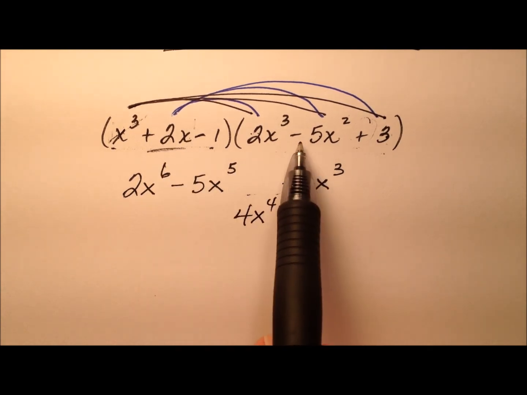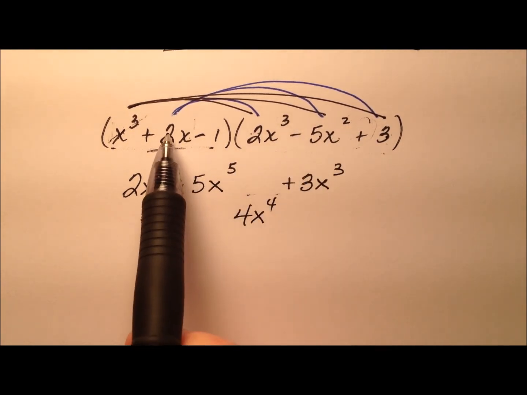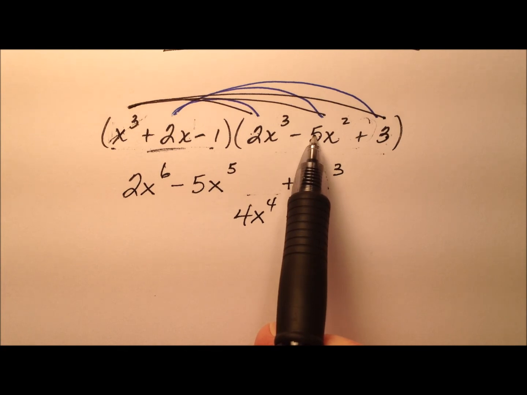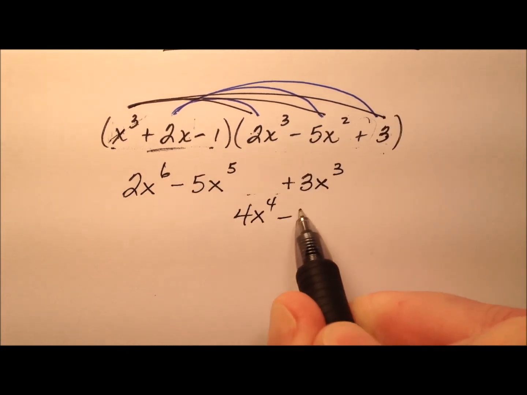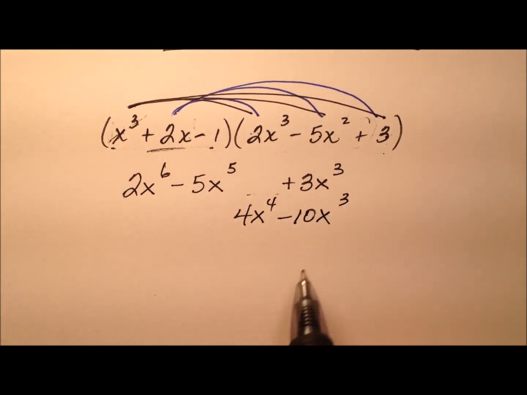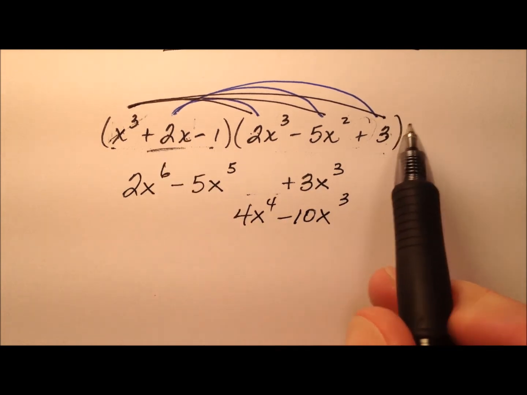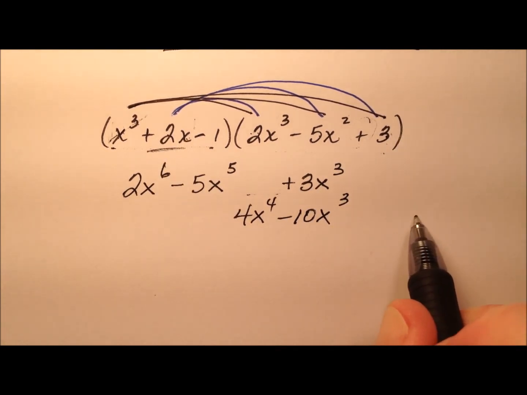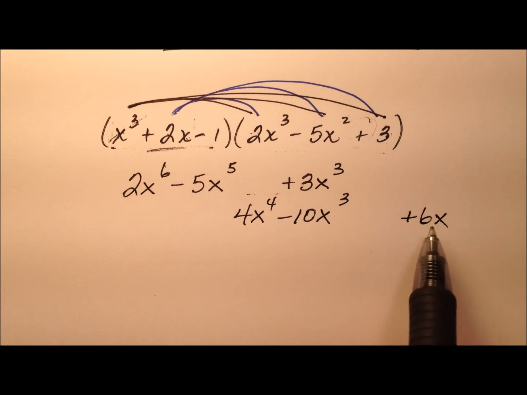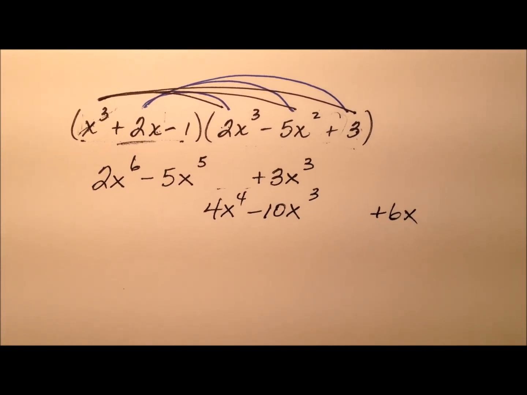So positive 2x times negative 5x squared, so 2 times negative 5 is negative 10, and that'll be x cubed. So negative 10x cubed, and then 2x times positive 3 will be 6x, and so once again I'm going to leave a little space for my quadratic terms, those x squareds.